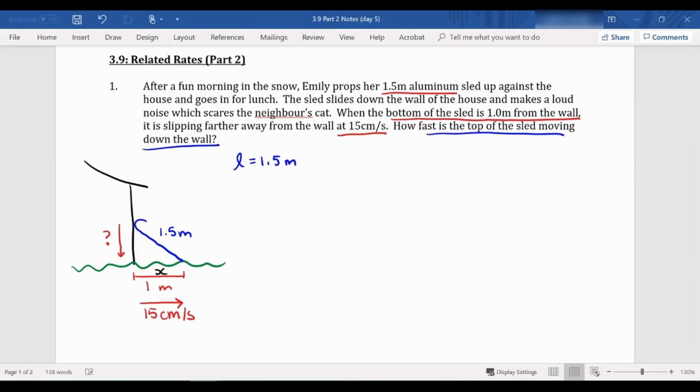I'm going to call the bottom distance x and the vertical distance y. Okay. So we know that x is 1 meter and dx/dt is 15 centimeters per second. We don't know y and we don't know dy/dt. And this is what we're being asked to find.